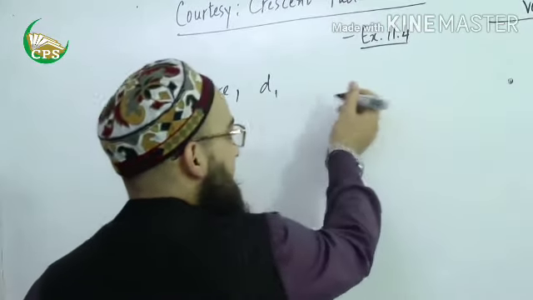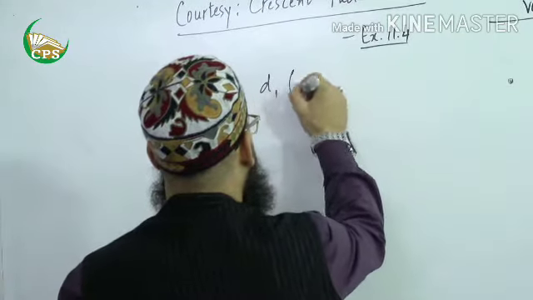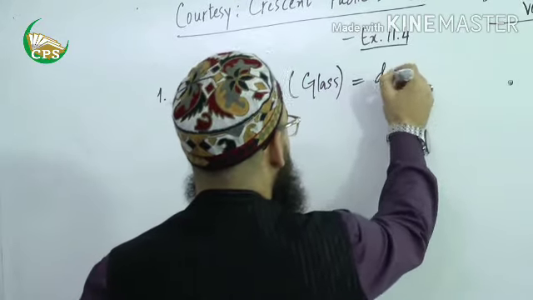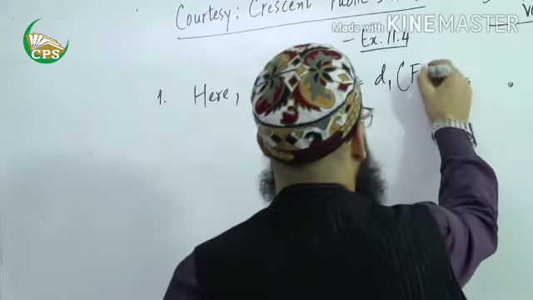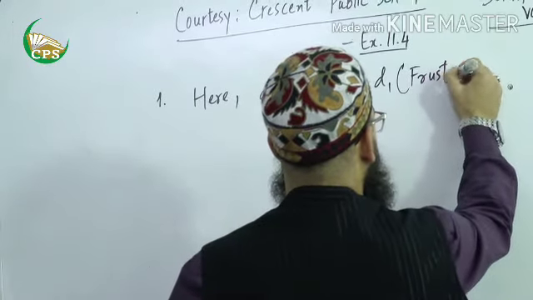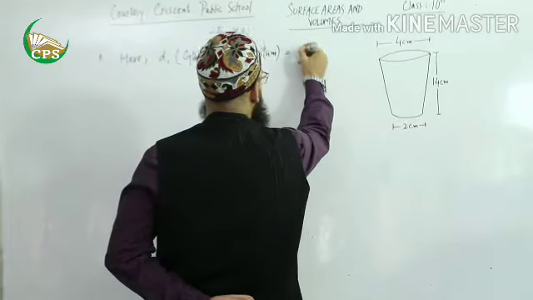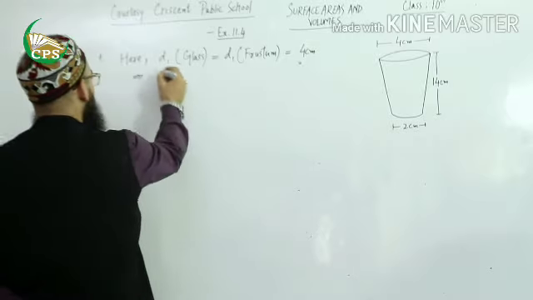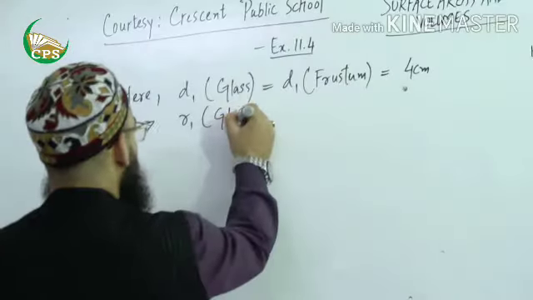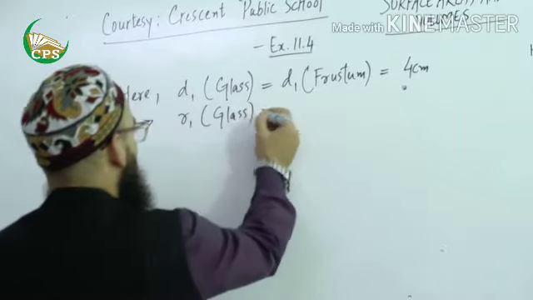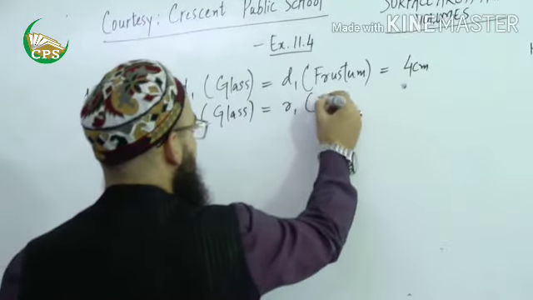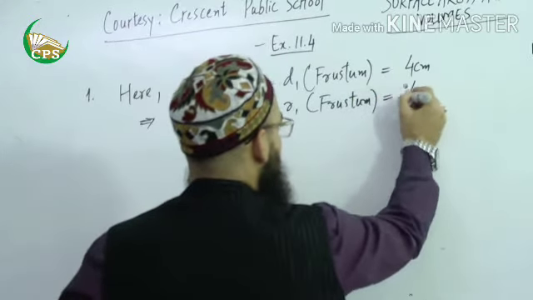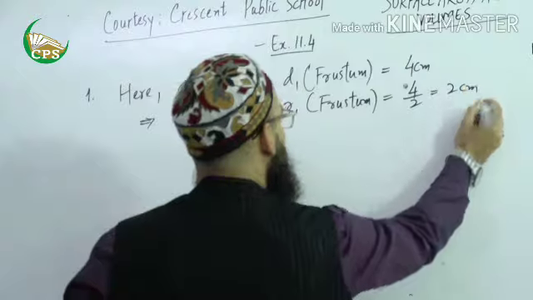So D1 of glass, that is D1 of frustum, and that is 4 centimeter, which implies that R1 of glass, that is equal to R1 of frustum, and that is equal to 4 divided by 2, that's 2 centimeter.